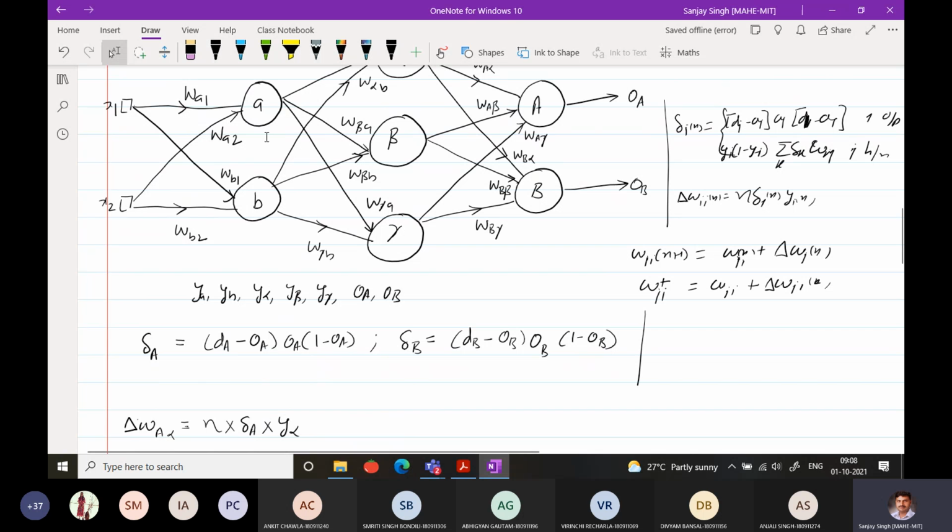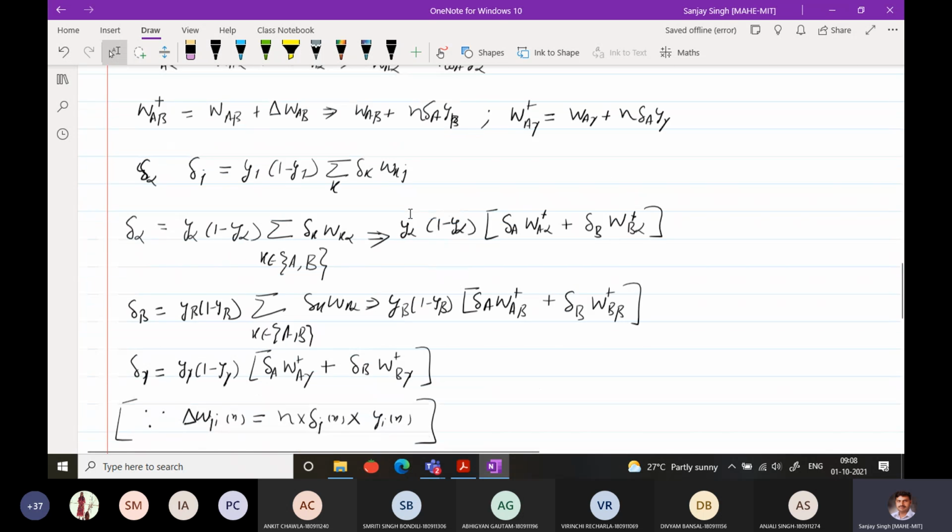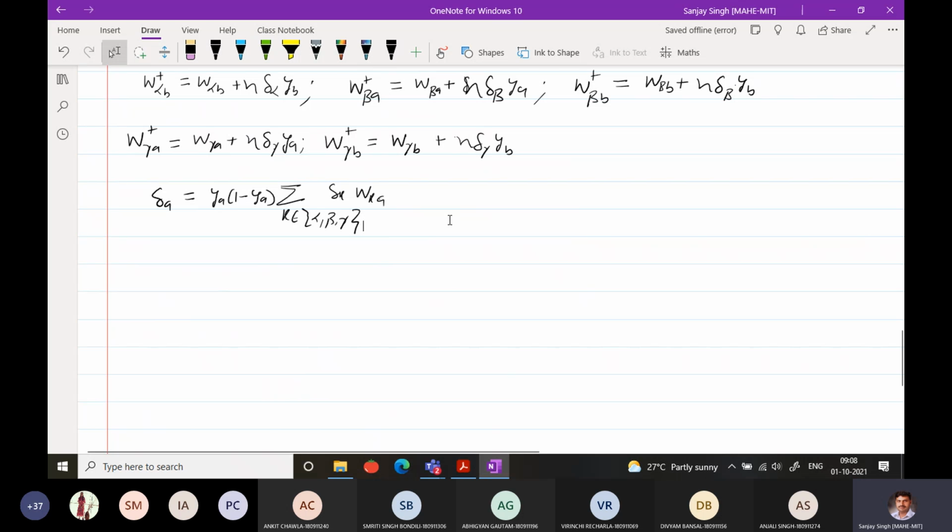The higher layer corresponding to this is the one having three neurons alpha, beta and gamma. So we have to consider those things, and considering those things, we can write it like this.